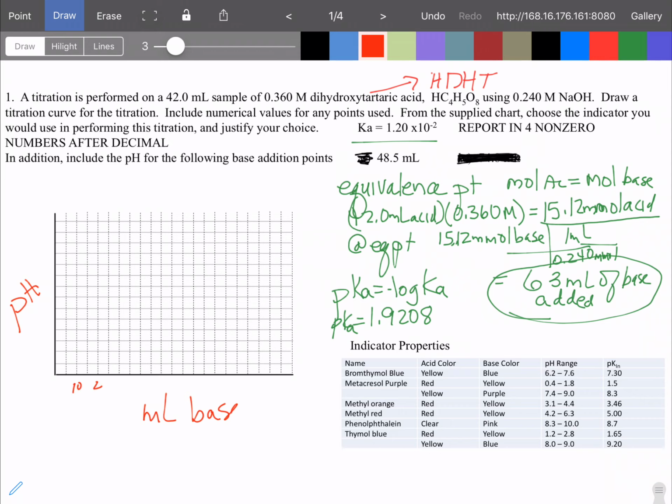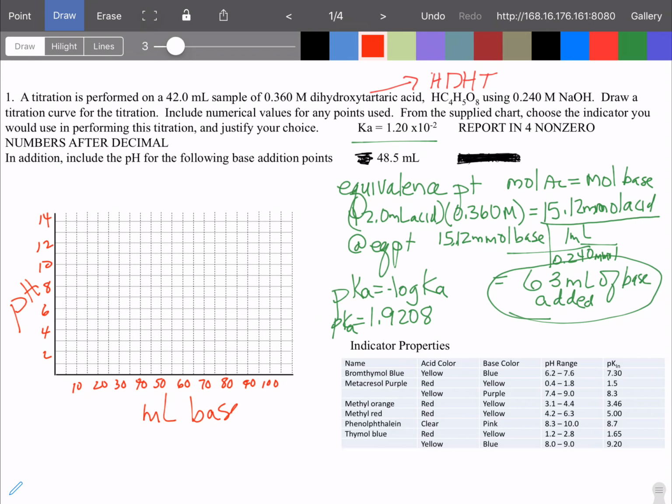That's 10, 20, 30, 40, 50, 60, 70, 80, 90, etc. And you can go up to 100 if you want. Okay, and our pH, remember I give you the units 2, 3, 4, 6, 8, 10, 12, and 14.